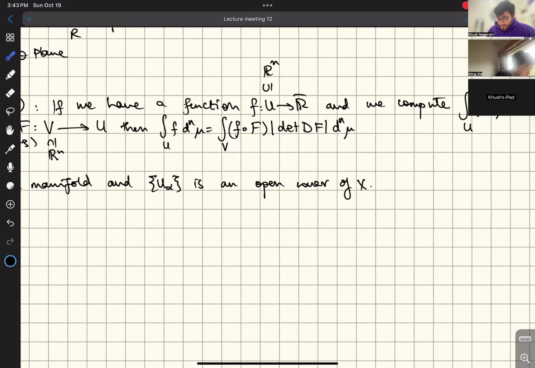Then this open cover has to satisfy certain conditions.